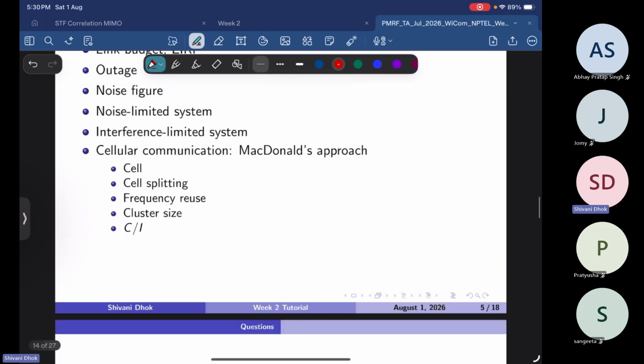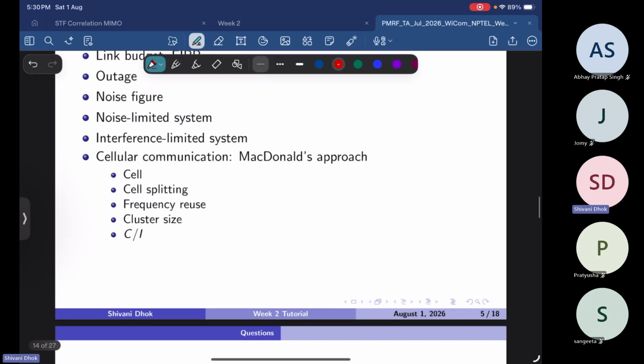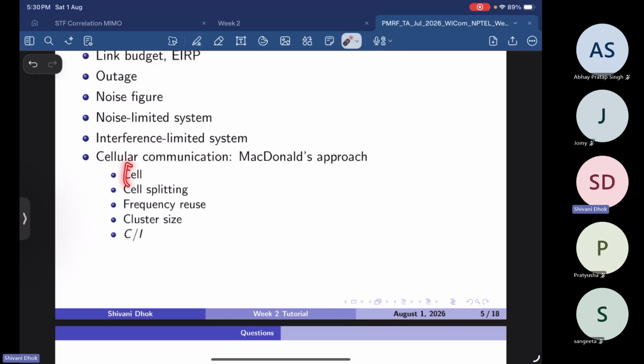And the last thing that we looked at is the cellular concept. We introduced the nine factors that the McDonald's paper requested. I won't go into details of that. In that we said that we'll divide the entire region into cells.